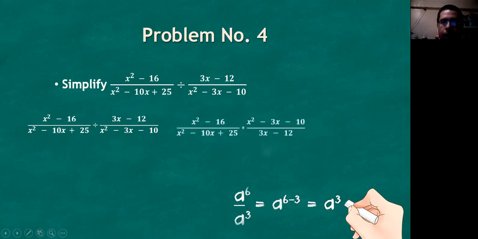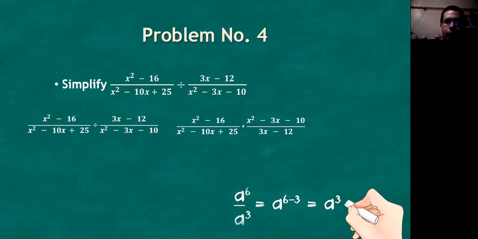x squared minus 16 over x squared minus 10x plus 25, multiplied by x squared minus 3x minus 10. We're going to apply factoring to get this product and simplify the rational expression.